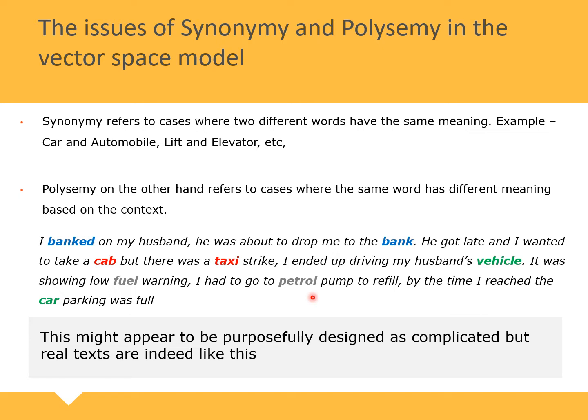Two words which are absolutely the same can have completely different meanings because they are appearing in different contexts. To be able to make this statement, you should be able to find out what these different contexts are. So both these problems are challenging to tackle, and LSA is an algorithm which tackles these problems, right?